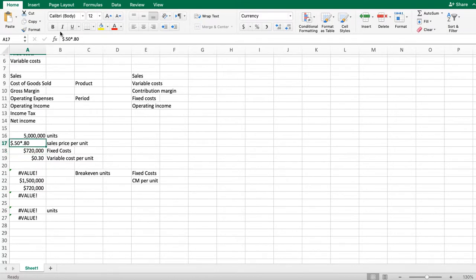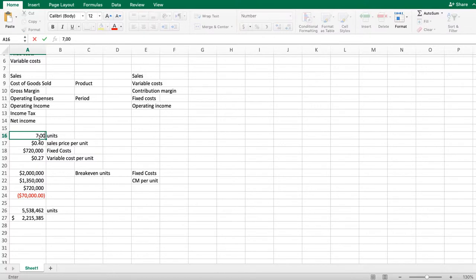Forgot my equal sign. All right, and then a 10% decrease in variable cost per unit. I think I can do that one in my head. And then it asks also a 40% increase in units sold. So I think that's 7 million. So now my operating income is 190,000.